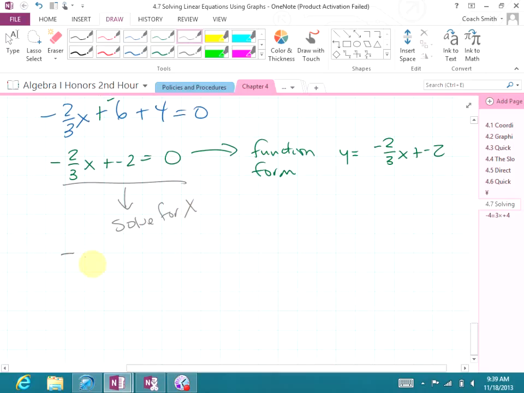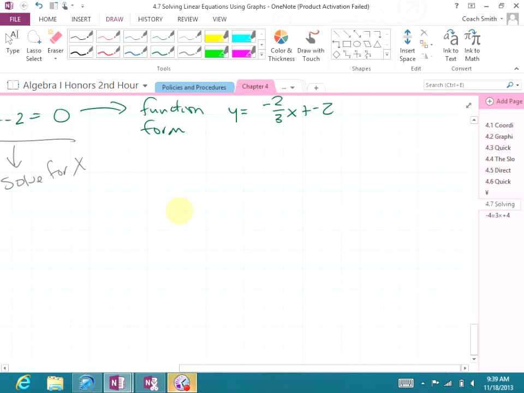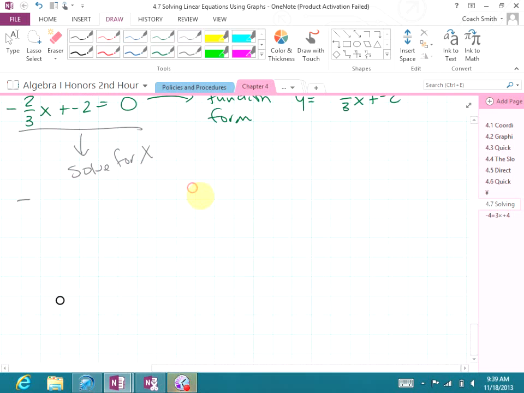So negative 2/3 x plus negative 2 equals 0. So I've got to take the negative 2 over here, becomes a positive 2. So it's negative 2/3 x equal 2. Now, how do I get rid of the negative 2/3? Nick, what I got to do to get rid of the negative 2/3 x?